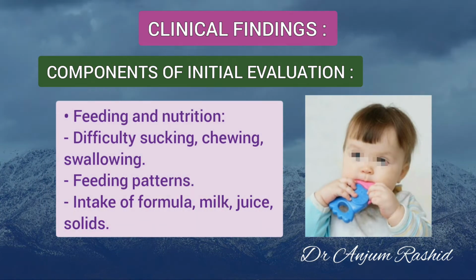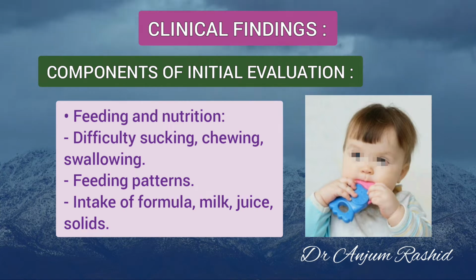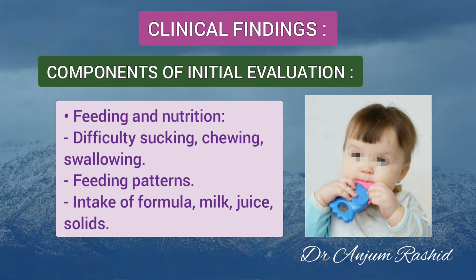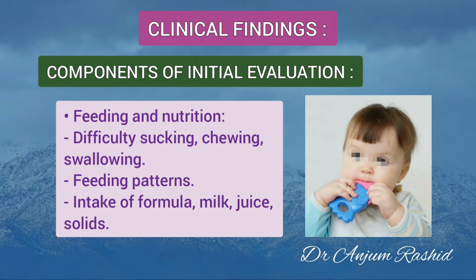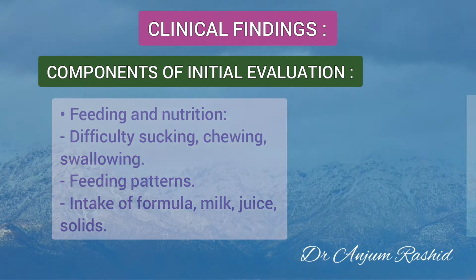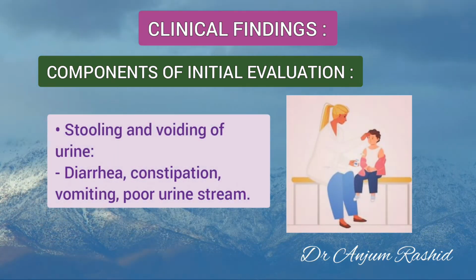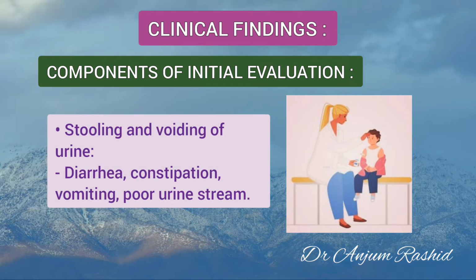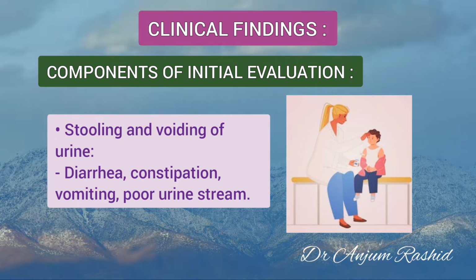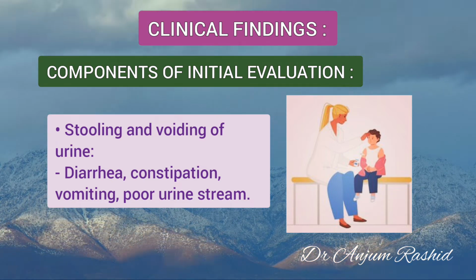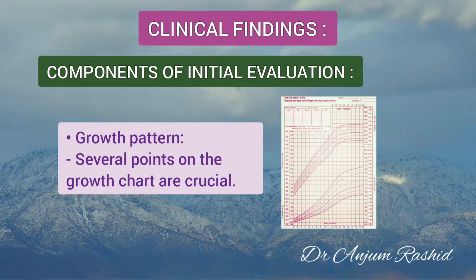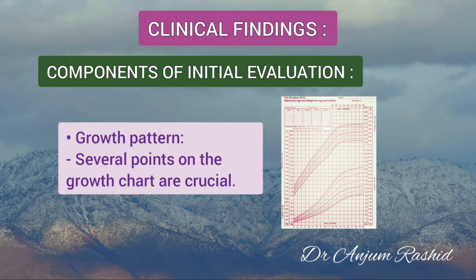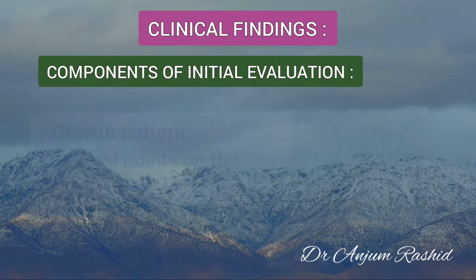Then is the feeding and nutritional history. Ask about difficult sucking, chewing, swallowing, and also ask feeding patterns, intake of formula, milk, juice or solids. Then is the stooling and voiding of urine. Ask about diarrhea, constipation, vomiting or poor urinary stream. Then is the growth pattern. Several points on the growth chart should be evaluated.